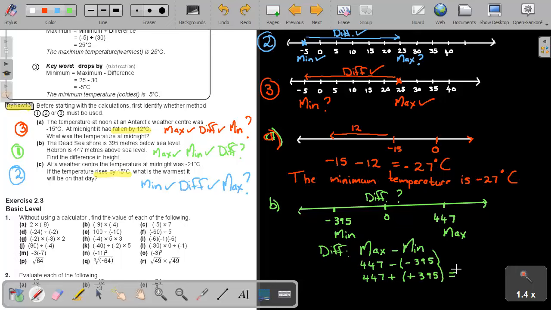And if I add up all that, I will find 842 meters. And don't forget to end with a sentence. So I say the difference in height is 842 meters.